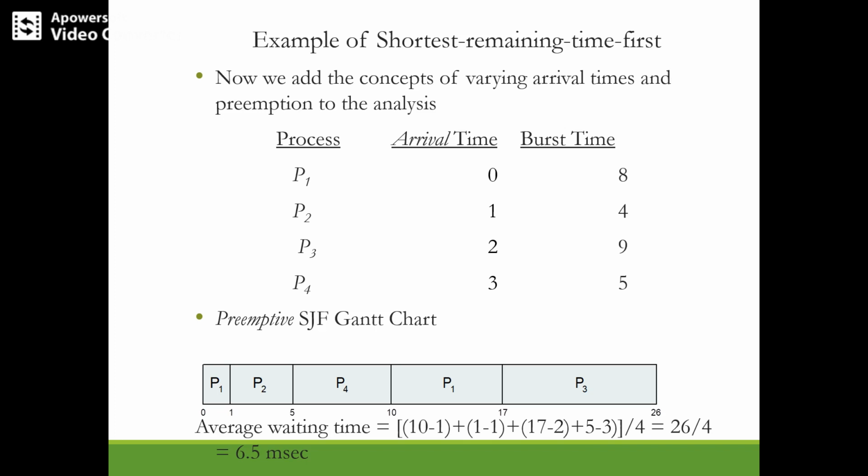But how long does it execute? Does it execute for 8 milliseconds? No. It preempts whatever it is doing because it finds that the next process P2 comes at arrival time 1. So process P2 arrives at arrival time 1, and does it continue for 4 milliseconds? Yes, it continues for 4 milliseconds.